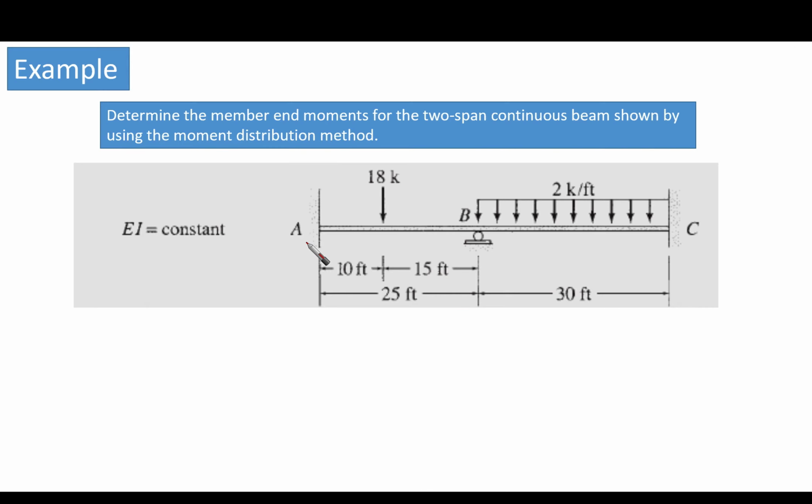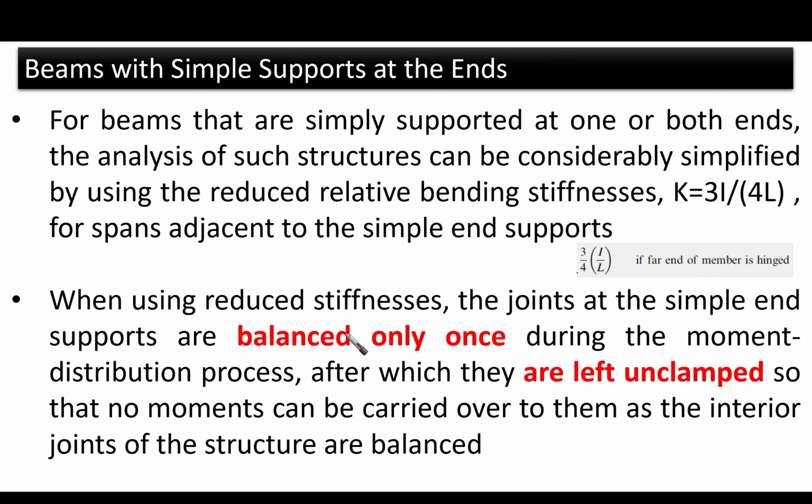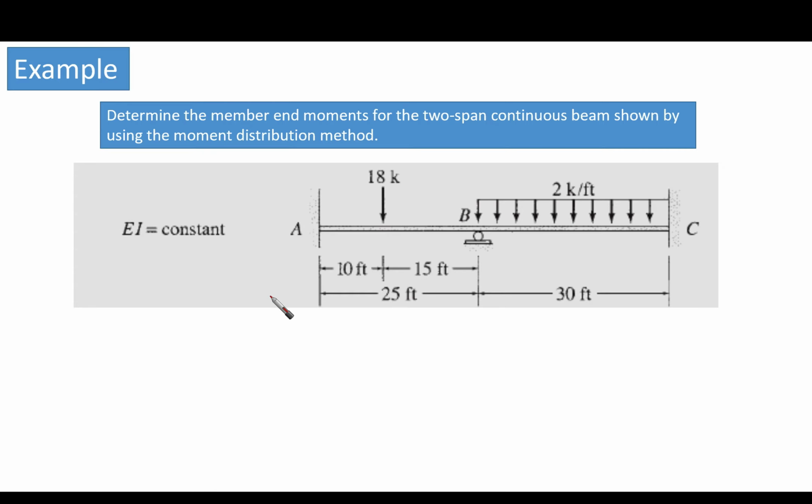So let's have an example to understand what I've said. Maybe next time we're going to have another example showing what I have meant by these 2 points. But anyway, we're going to use this simple example to apply the moment distribution on continuous beams.